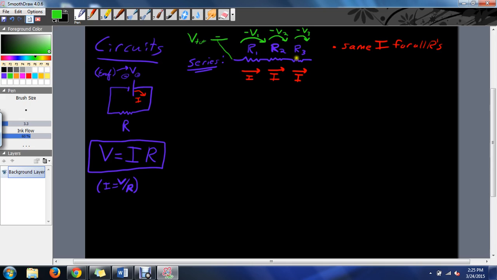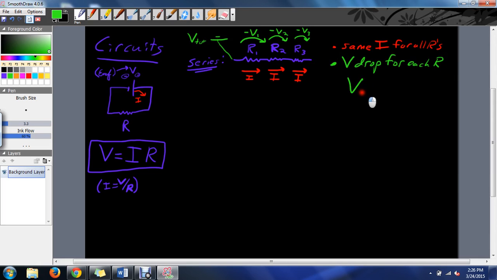What happens is each of these resistors turns this potential energy into some other form of energy. So it doesn't turn it into kinetic energy of the electrons, it turns it into something else. So just remember that each resistor comes with a voltage drop. Right? So sorry, that was a long-winded way of basically saying there's a voltage drop for each resistor.